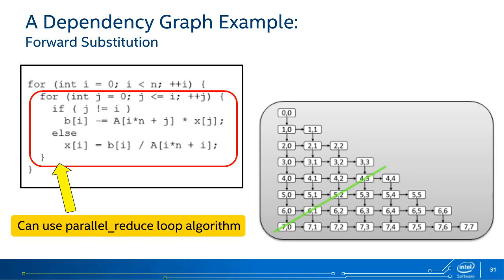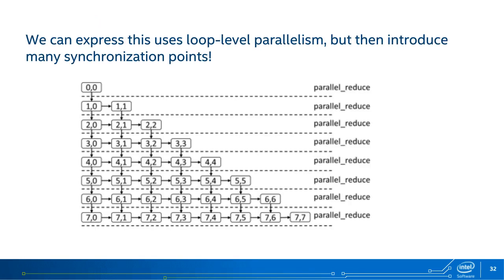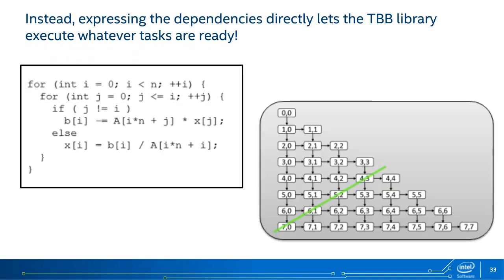And this is what happens in many matrix computations, but the result is that between each execution of this parallelized inner loop, we're going to have synchronization points. So this leads to a suboptimal execution. We're going to have a lot of synchronization points, not a lot of parallelism between each synchronization point. By expressing all of the dependencies using a flow graph, the library can run ahead and execute tasks whenever they're ready to execute.